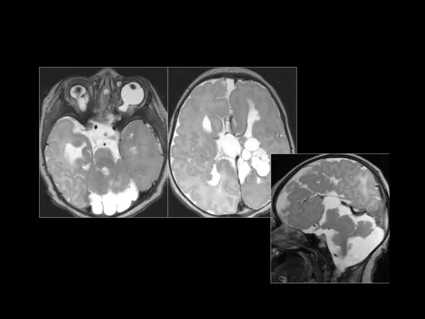Where are the cysts located? Periventricular, foramen of Monro, and the others are periventricular.